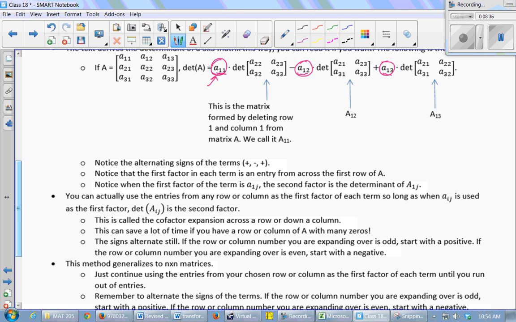Okay, so if the row or the column number you're expanding over is odd, you start with a positive. So up here, when I expanded over the first row, I started with a positive because 1 is odd. If you're using a row or a column that's even to expand over, you start with a negative. So we'll do an example of each in the demo.